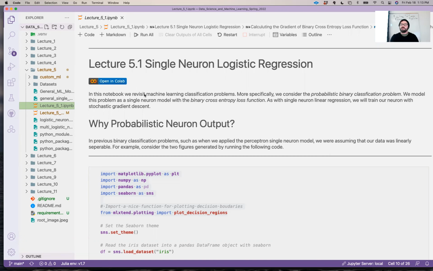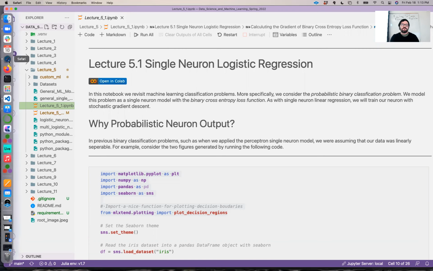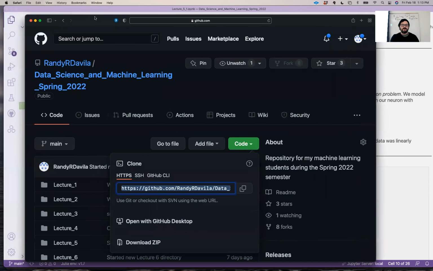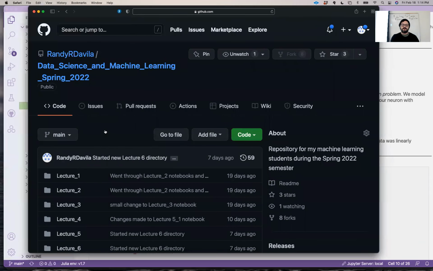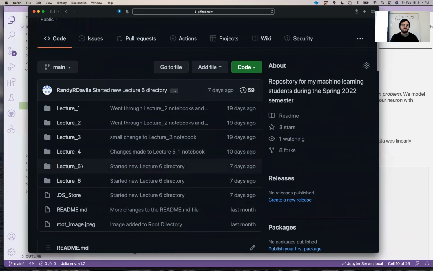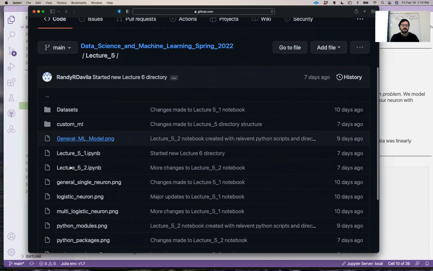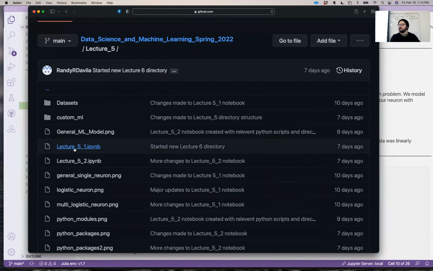Now, if for whatever reason you haven't installed VS Code and you don't know how to access those notebooks, I have recently started to do something different, and I'm going to update all of my notebooks to include this functionality. So for example, lecture 5.1, that's what we're doing.